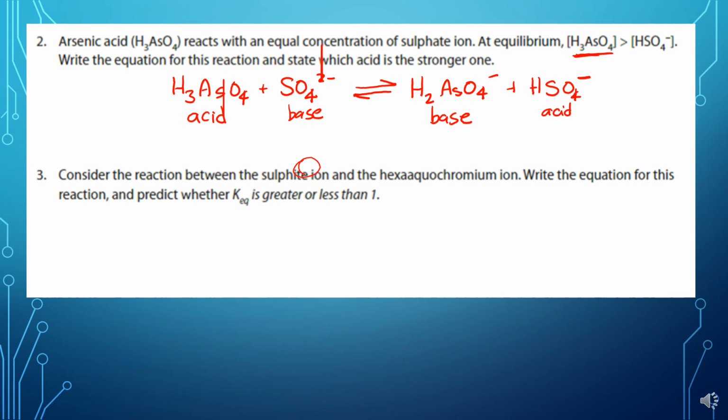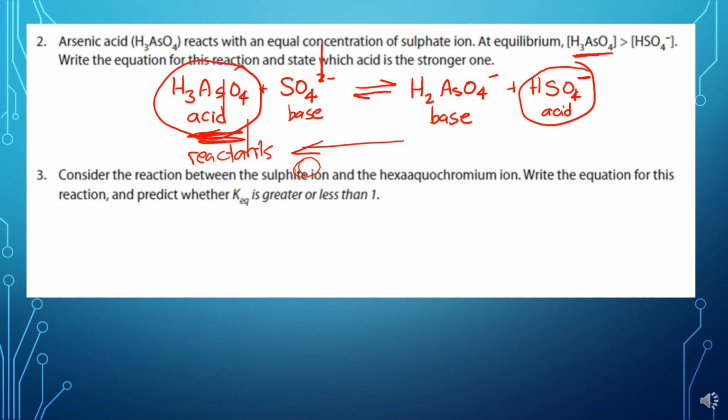Now it tells us that at equilibrium, the concentration of H3AsO4 is greater than the concentration of HSO4-. So we're comparing these two acids right now, and we're told that there's more of these ones. What that means is that equilibrium must lie with the reactants. Lies on the reactant side. So that's kind of pushing that equilibrium and favoring the reactants in this particular one.